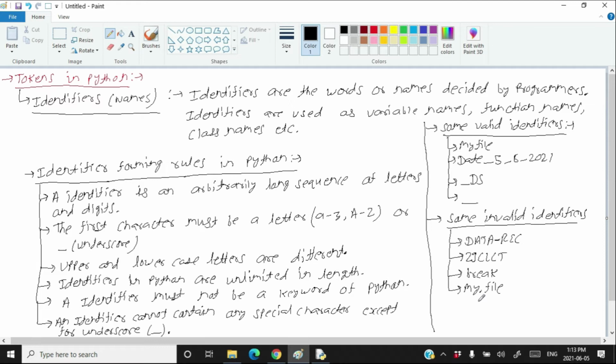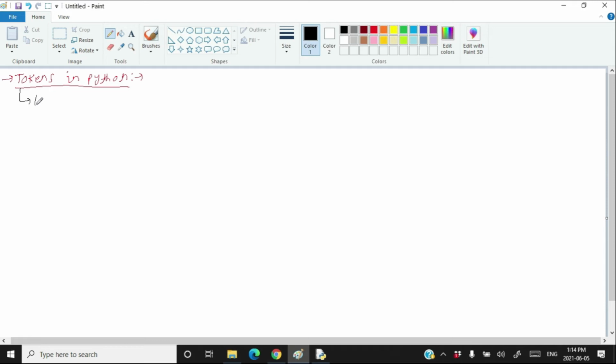After identifiers, let's see literals and values in Python. What are the literals or values in Python? See, whenever you write a is equal to 2, then a is called a variable, 2 is called the constant, and the equal to sign is called the assignment operator.